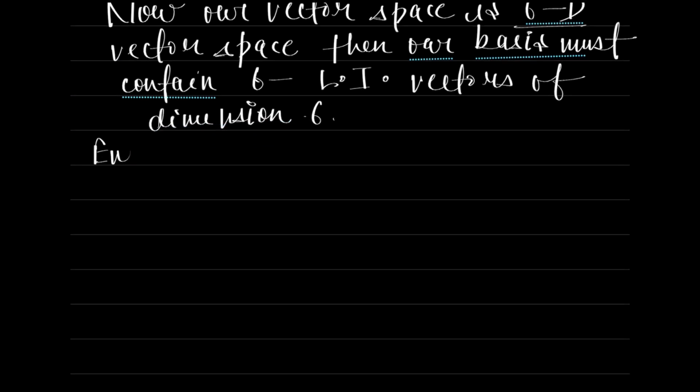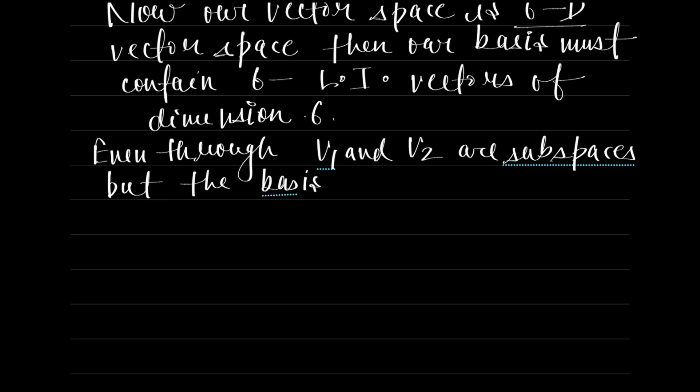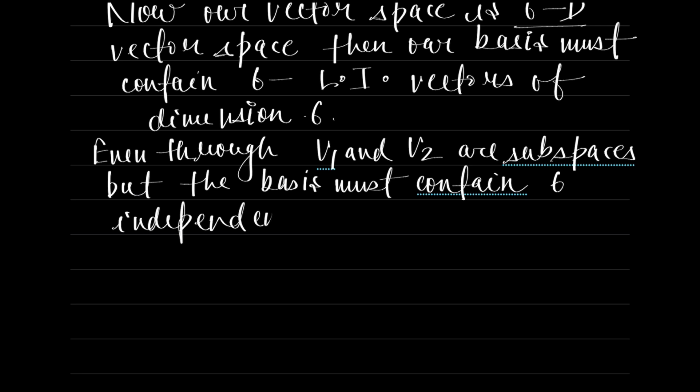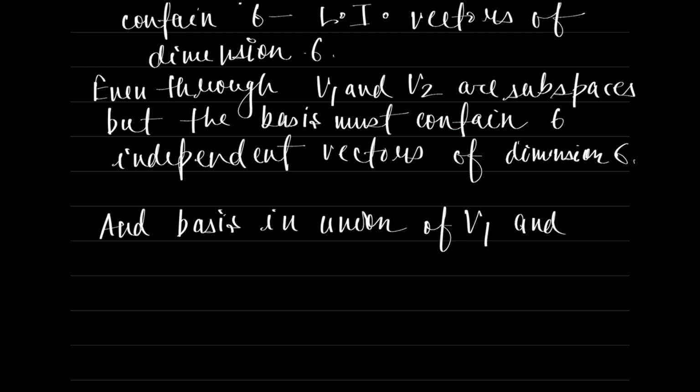Even though V1 and V2 are subspaces, the basis must contain 6 independent vectors of dimension 6, and the basis is in the union of V1 and V2.